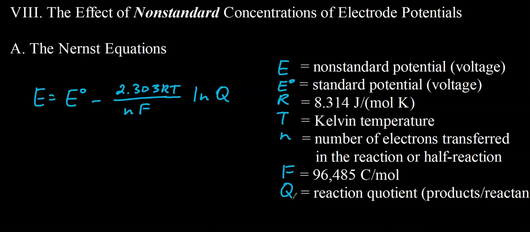If we take 2.303, R, and F, we can combine all of those to get one number. We get a more practical derivation. I believe you have both of these on your equation sheet. This one seems to be a little more useful.